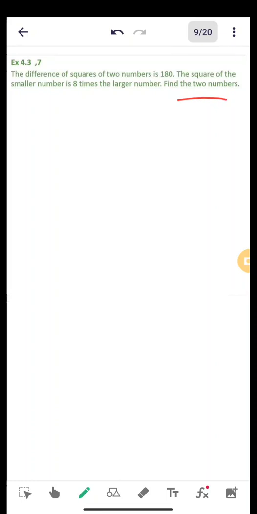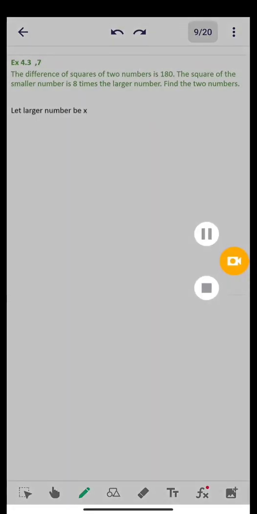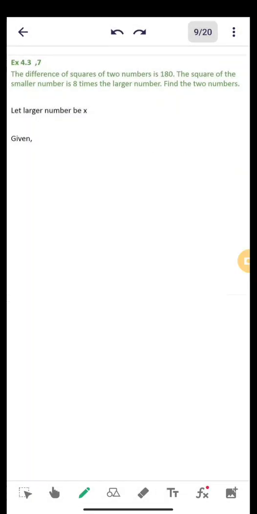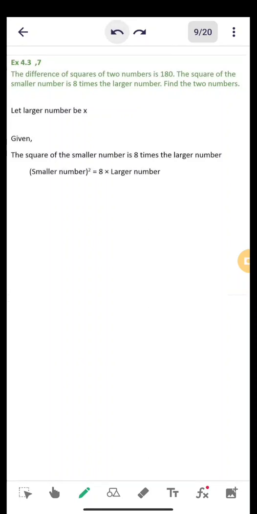So let the larger number be x. It's given that the square of the smaller number is 8 times the larger number. So the smaller number squared is equal to 8 times the larger number.